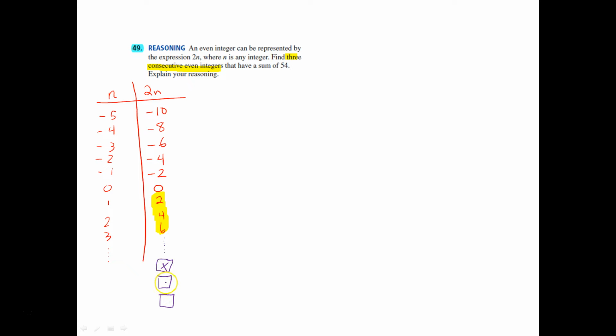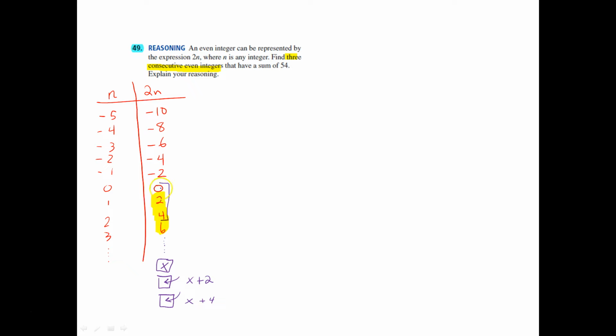The next one is going to be 2 more than that, so x plus 2. And the one after that is going to be 2 more than this one, so the third one would be x plus 4. And if you look at any 3 consecutive even integers, it follows that pattern.